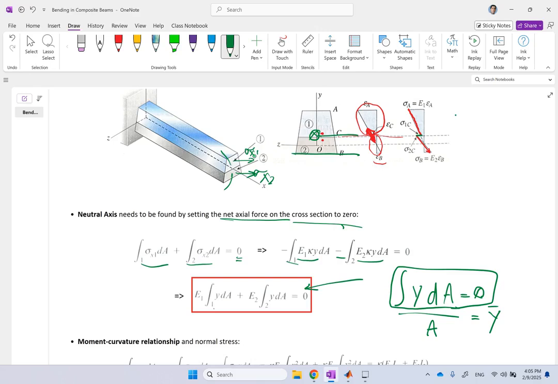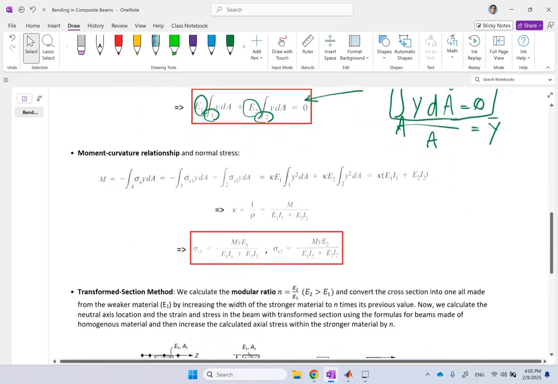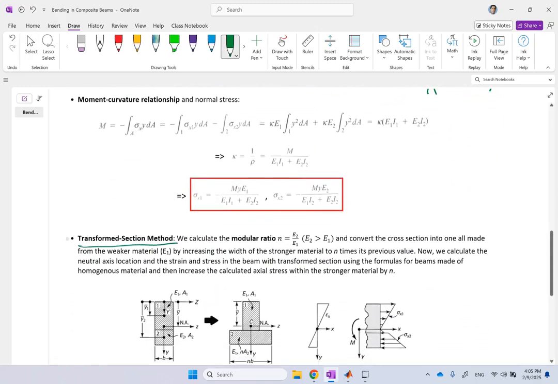But remember that area of section 1 and section 2 is equal to the entire area. But here, area 1 and 2 are each multiplied by E1 and E2. So this is how you get the neutral axis. Now, you might say, well, that looks a little bit less convenient than this one. You are right. And for that, I'll show you an alternative way to handle it. That is called the transformed section method.